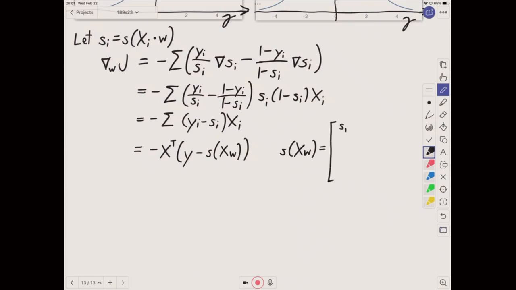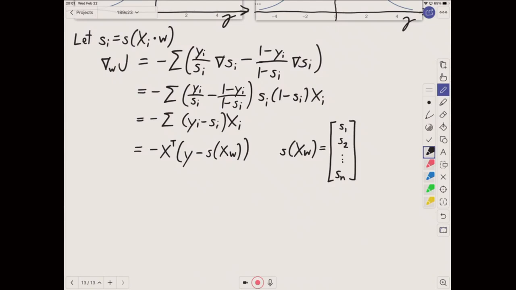That's going to give us a vector that contains s_1, s_2, and so on up to s_n. So this is applying s component-wise to the Xw vector to give you another vector. And so I have just completed deriving the gradient of our cost function J.